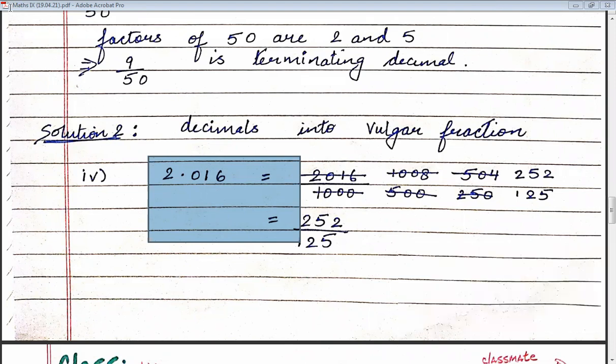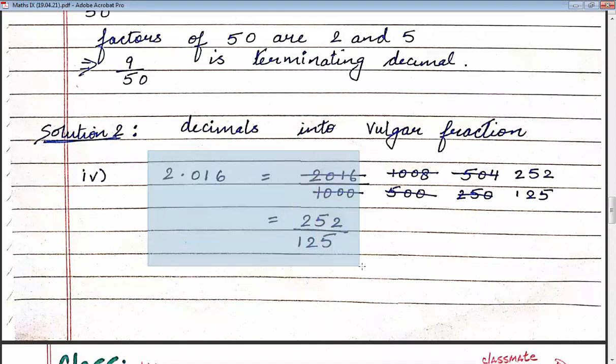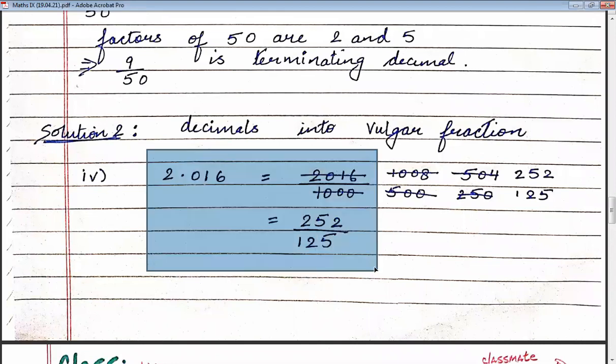Now children, you have to cancel them and make them in the lowest form. So I have cancelled it with 2, then with 2. So my final answer of this is 252 upon 125.